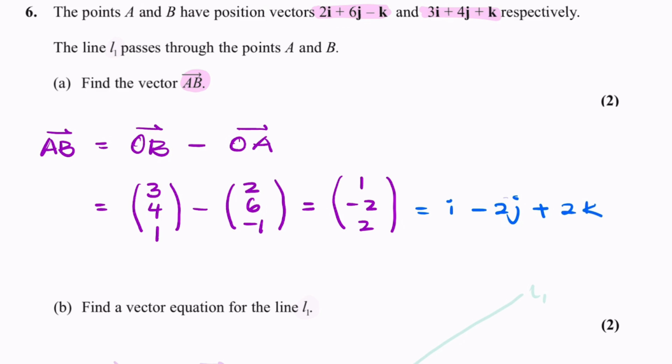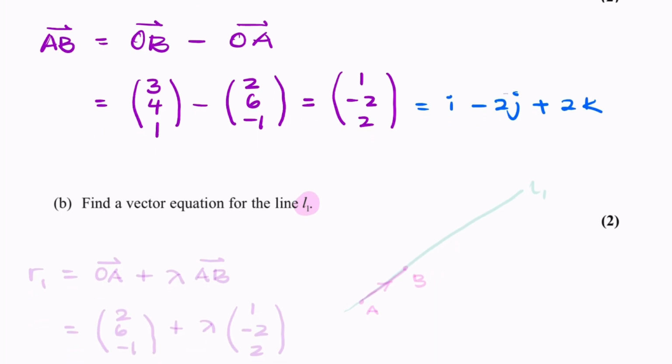The question then goes on to ask for the vector equation for the line L1, which is the line that passes through A and B. So if you think of A and B as being these 2 points, we just found the vector AB.